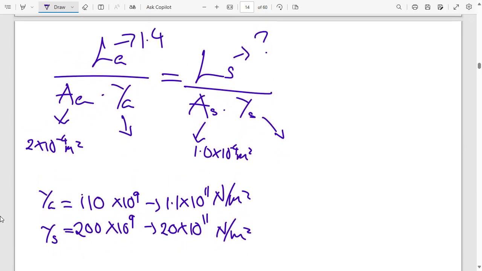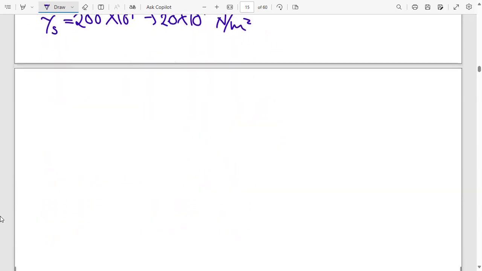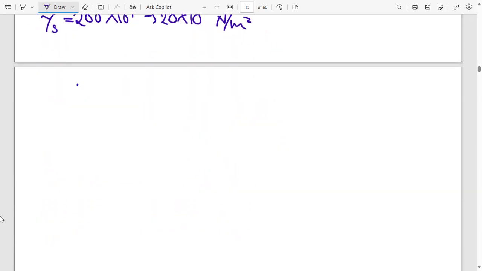Okay, so we can now go ahead and plug these into our formulas. So we have 1.4 as the initial length.